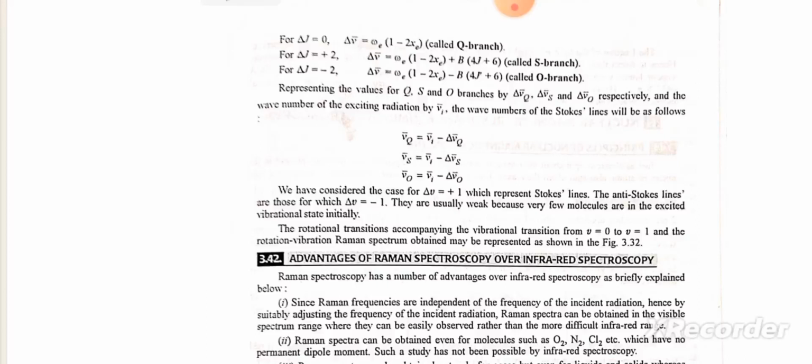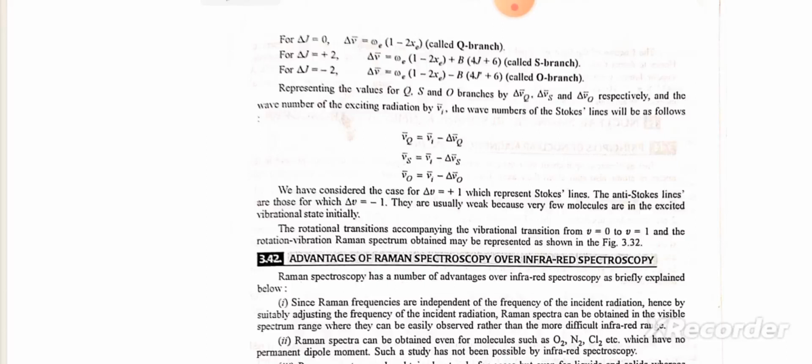For del J is equal to minus 2, change in wave number is equal to omega e, 1 minus 2 xe, minus B, 4J dash plus 6, called O branch, representing the change in wave number by Q, S and O respectively.